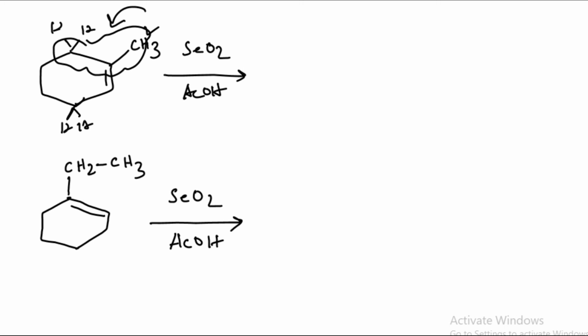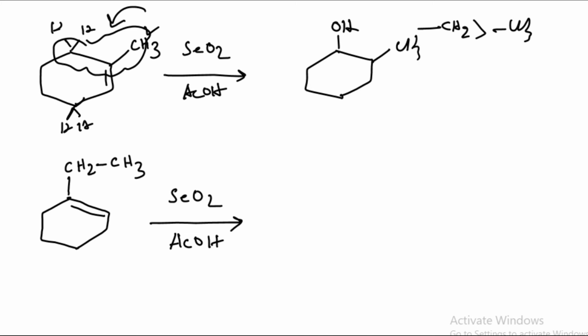But where? CH2 or CH3? You know that the rate of hydroxylation at CH2 is much higher than CH3, so the hydroxylation will be carried out at the ring CH2, not at this site. Okay, so this is the answer.